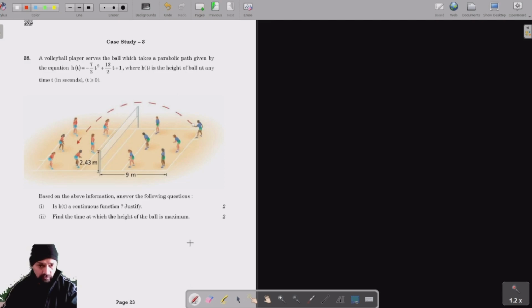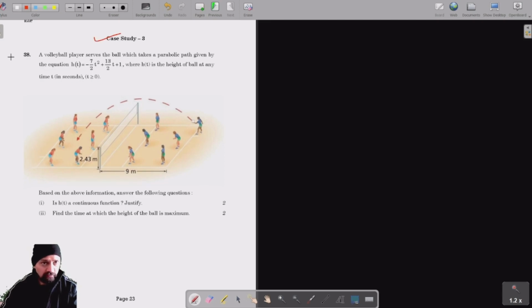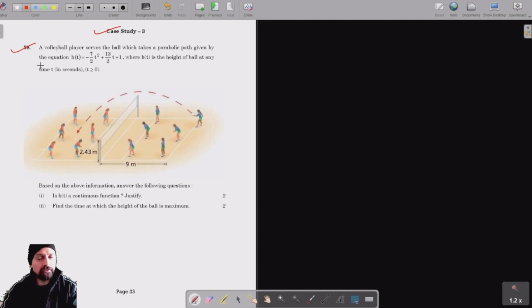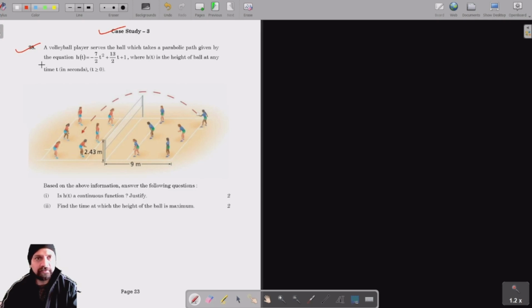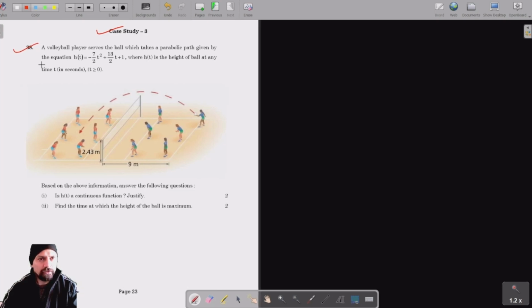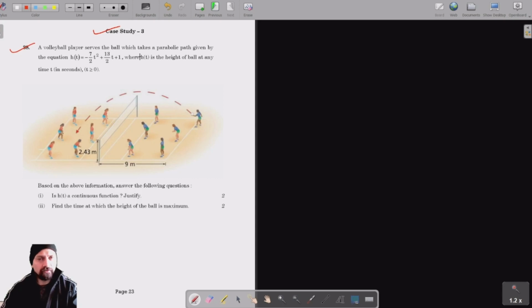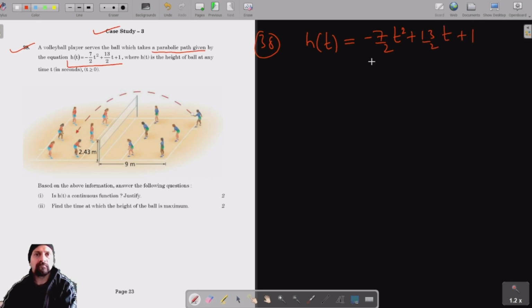Okay, we are on to the final question, that is case study 3 and question number 38 of this set. Question number 38 says that a volleyball player serves the ball which takes a parabolic path given by the equation h of t is minus 7 by 2 t square plus 13 by 2 t plus 1.